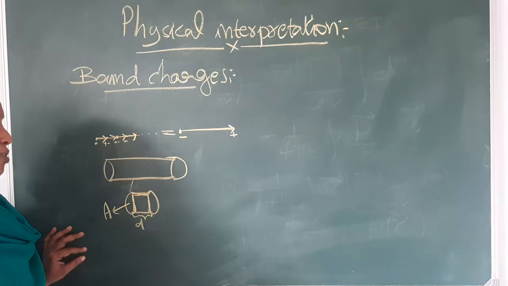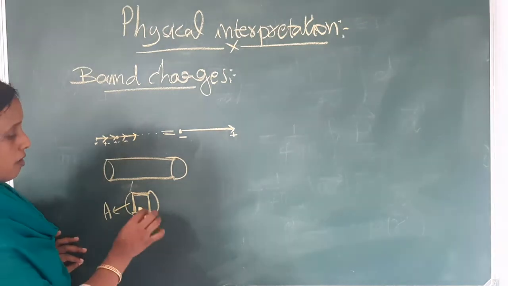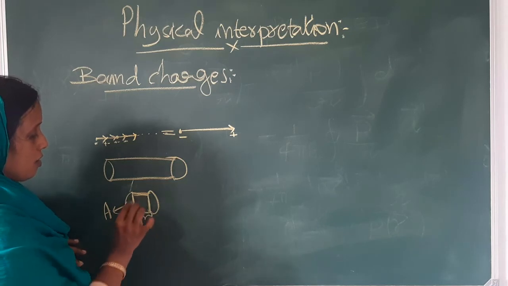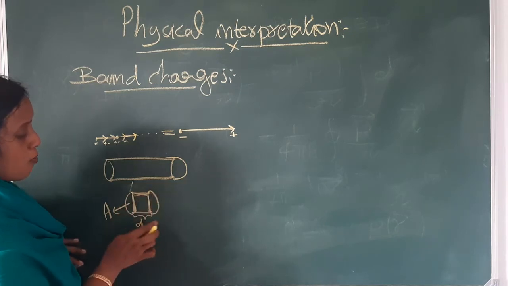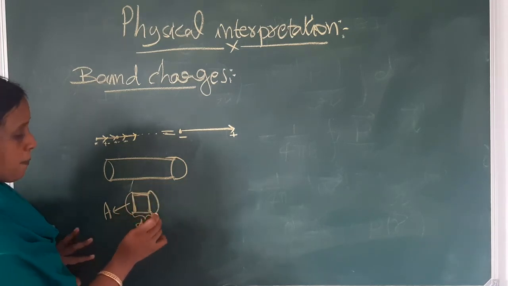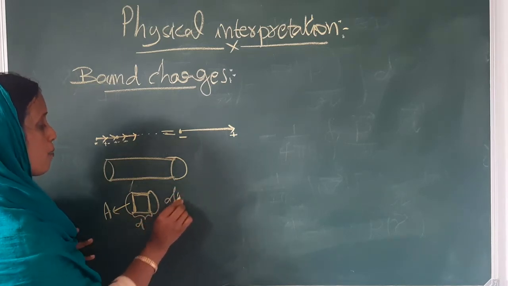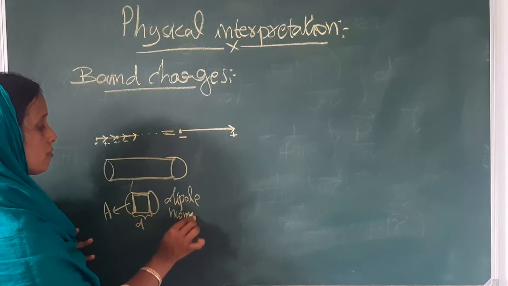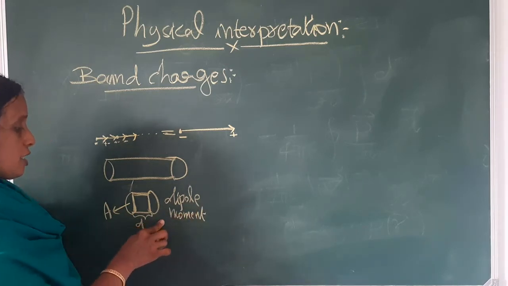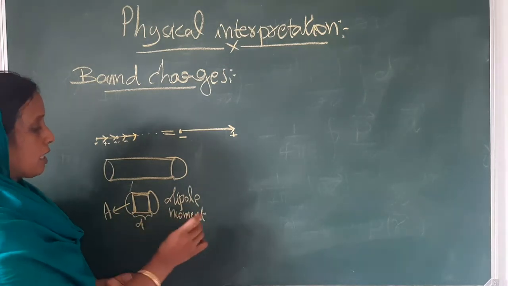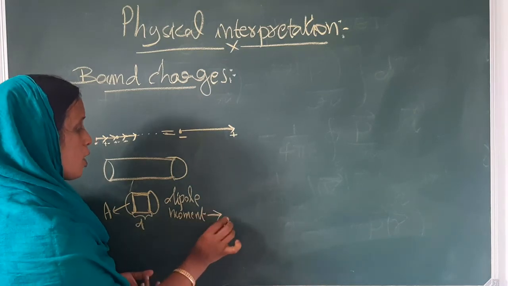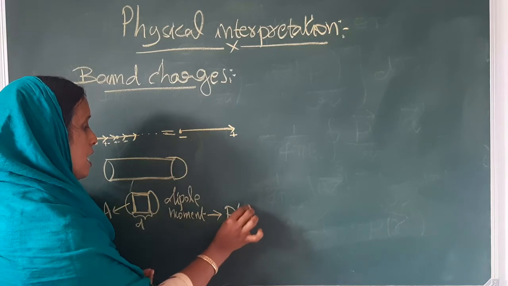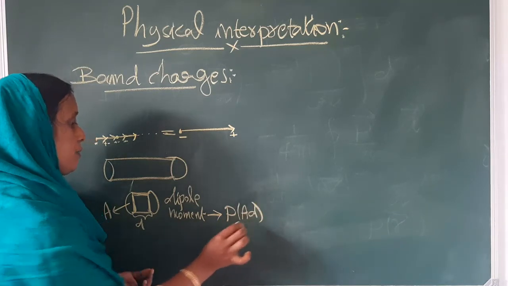In the case of uniform polarization, the dipole moment of this tiny piece of chunk is given by polarization times area of cross section times d.